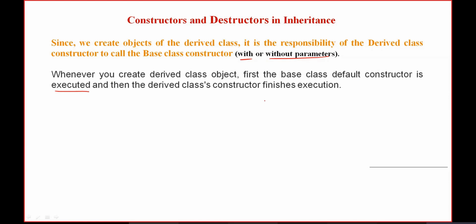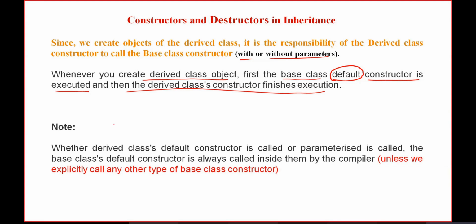Definitely, if I am creating a derived class object, then the base class constructor is to be executed. But which one? The default constructor will be executed, if you don't mention it explicitly. And then the derived class constructor finishes the execution.